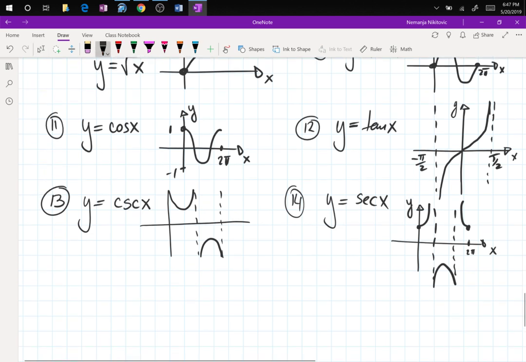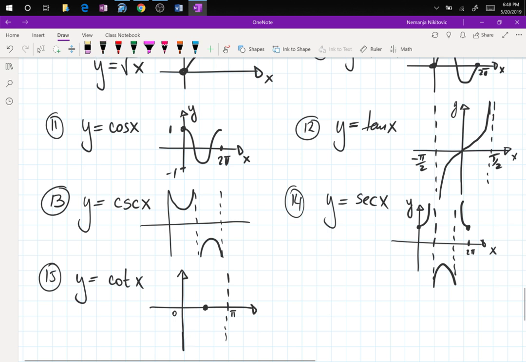Now, what's happening with the cotangent? Well, you can use the same technique. 15, y equals cotangent x. This one will be shifted from 0 to pi, 0 at pi over 2, and it will be like a negative x cubed going through pi over 2.